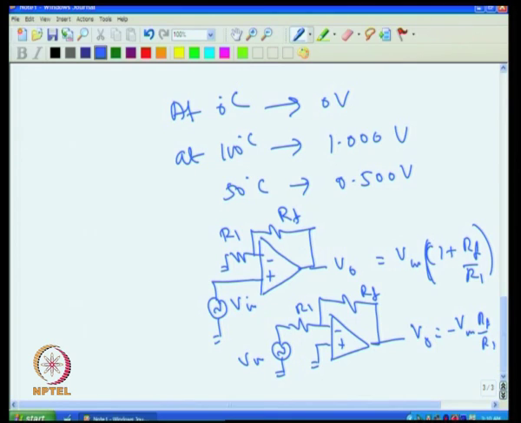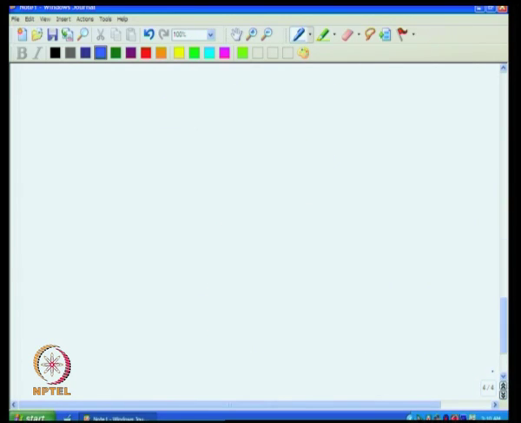So, this also you have studied. Now, we also know the operational amplifier can be used as a summing amplifier or to subtract voltages. So, in this application, first we will use a non-inverting amplifier and then try to get this one. So, what I will do is take the sensor first.